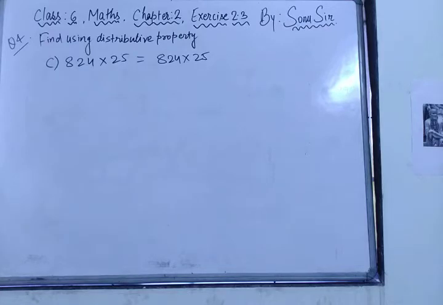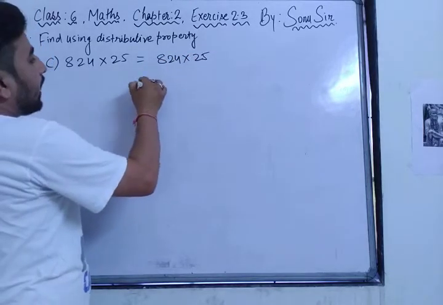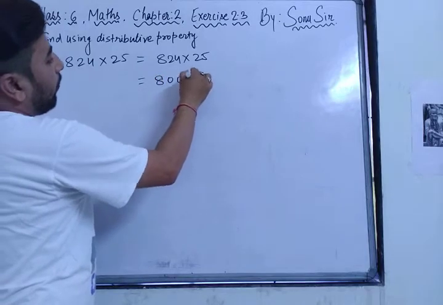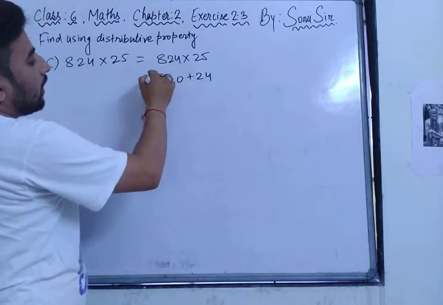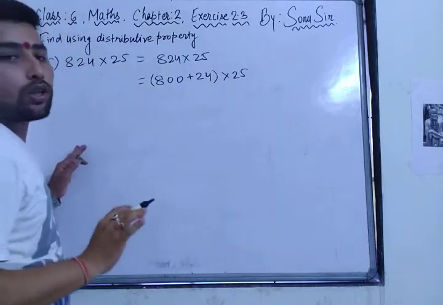Okay? Are you getting it or not? Okay, so let me first say what to write here. See here, 824 into 25. Can we write here 800 plus 24 instead of 824, and here 25? Can we write or not?